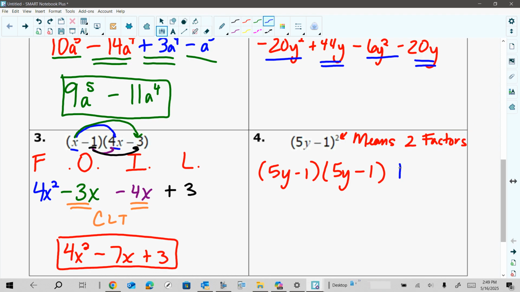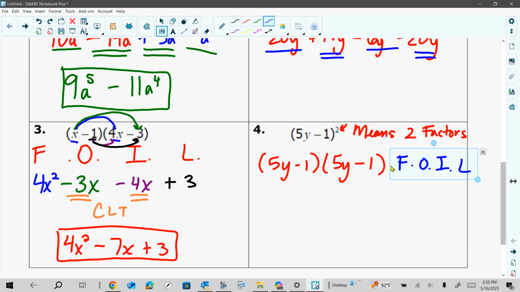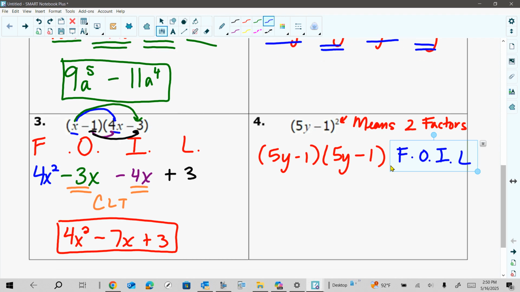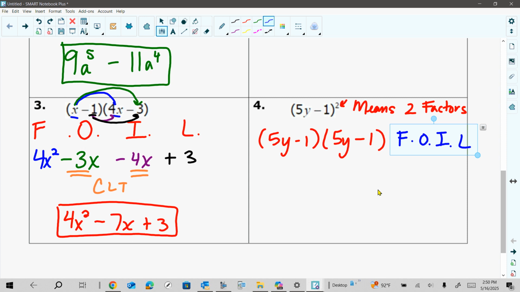And now you are completing the FOIL method. I do want you to see if you can finish this problem. Do show that you know how to use FOIL, and you can check it online. All right, so this pretty much covers our first section, which is simplifying polynomials.